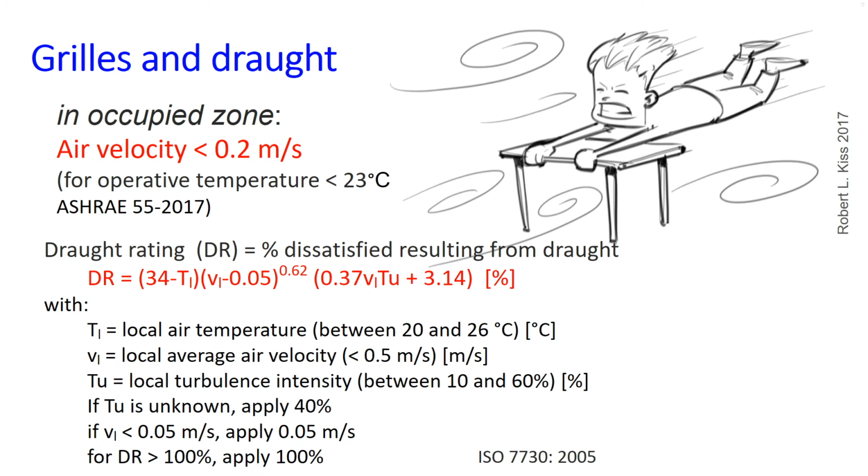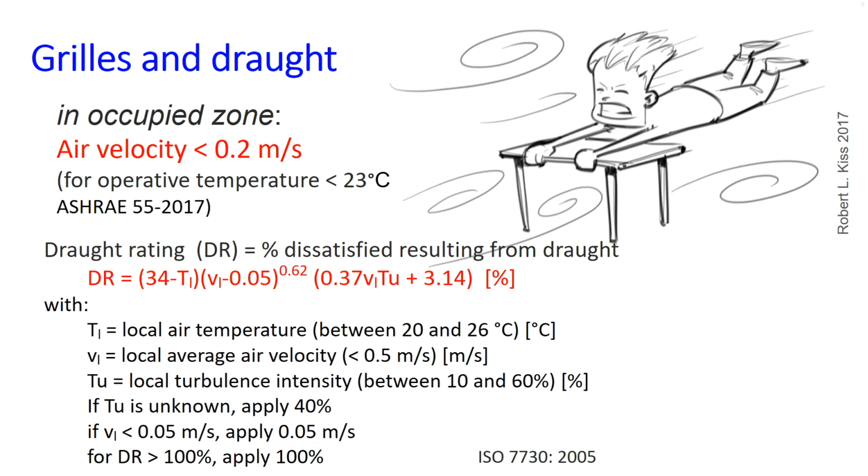According to the Dutch building decree, the supply of fresh air should not cause an air velocity larger than 0.2 meter per second in the occupied zone of an area where people stay. According to ASHRAE, the American Society of Heating, Refrigerating and Air-Conditioning Engineers, if the operative temperature is higher than 23 degrees Celsius, the air velocity may increase, but may not be higher than 0.8 meter per second.